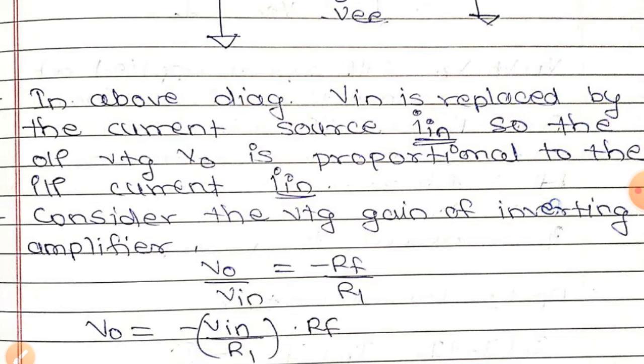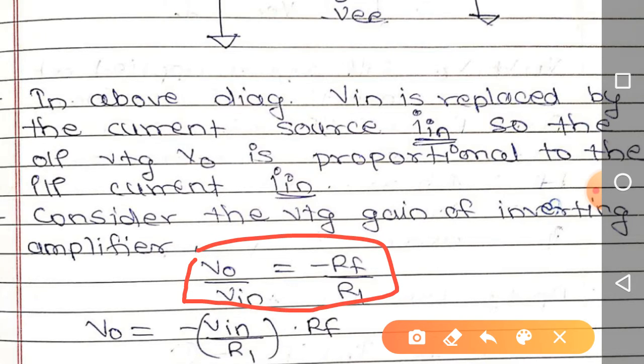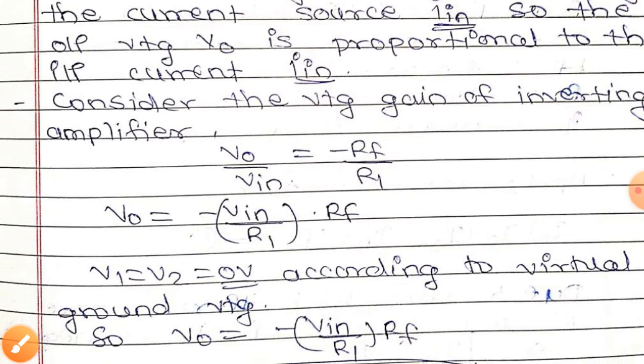Consider the voltage gain of the inverting amplifier. Already we know this derivation, voltage gain of inverting amplifier: V0 upon Vin is equal to minus RF upon R1. It is the voltage gain. Rearrange this equation.